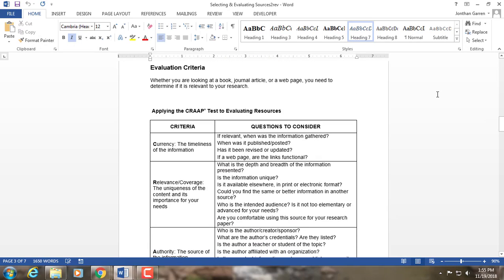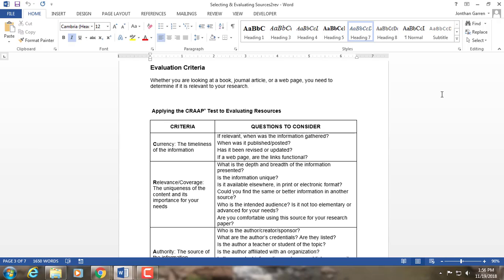So if we look at the evaluation criteria that we're going to work from, this is one that was actually created by librarians. It's called the CRAP test, which goes hand in hand with what a lot of professors, especially English professors, usually say about putting information into a citation generation software, right? If you put in crap, you're going to get crap back out. This is the same mode of thinking, at least in terms of this evaluation, right?